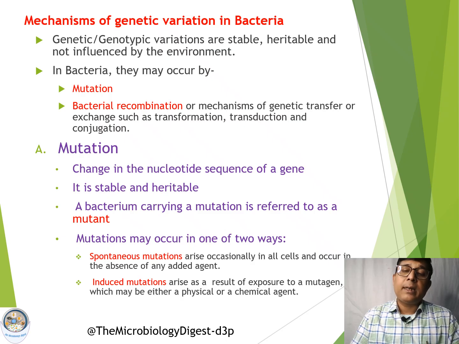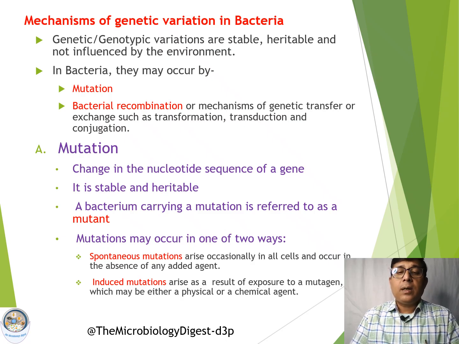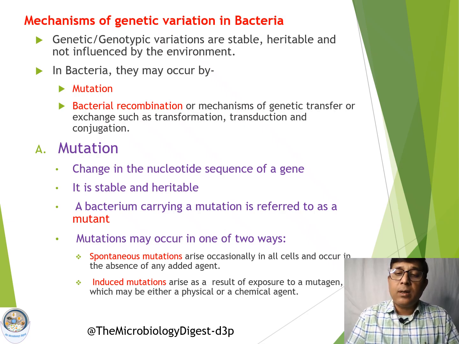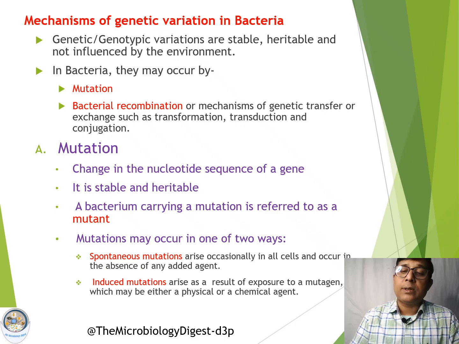So mutation in bacteria may occur in two ways. First way is the spontaneous mutations. Spontaneous means it can occur automatically without any effect of external factors. So these are spontaneous mutations. Then second way is the induced mutations.